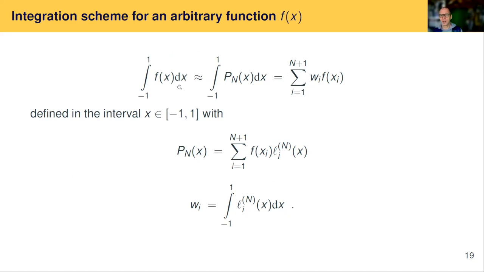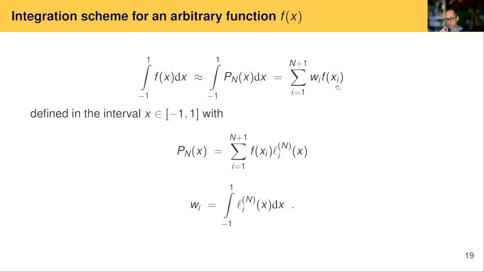What you do is you're replacing the function. You do an interpolation. You're replacing the function by a polynomial, and of course we replace it by a Lagrange polynomial, and then the integral is actually replaced by a weighted sum over the functional values at collocation points i, and these are the same.